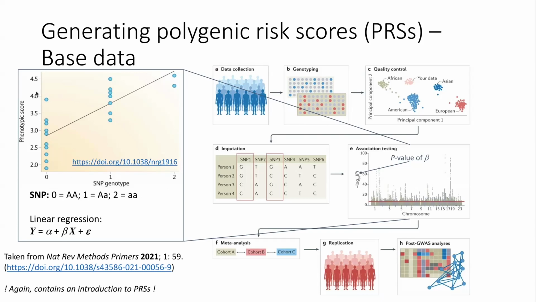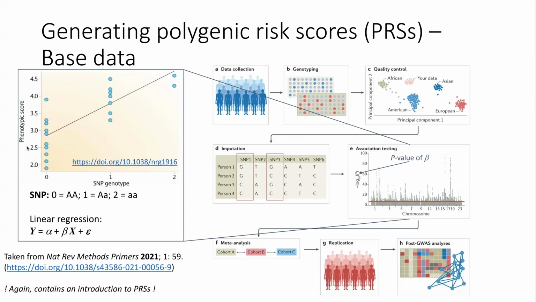And on the y-axis, we have our phenotype, and that could be the concentration of glucose in your blood, also measured in the same sample. And then you can do a linear regression. Here's the formula.